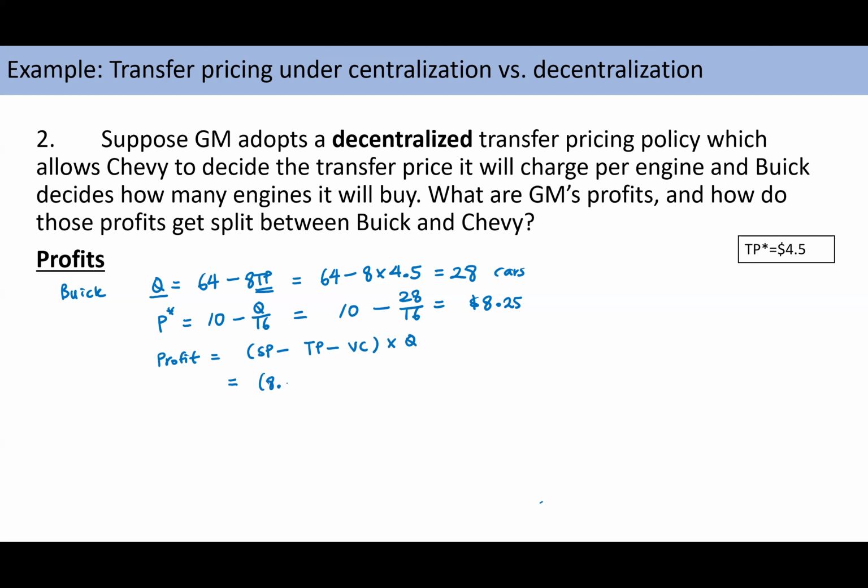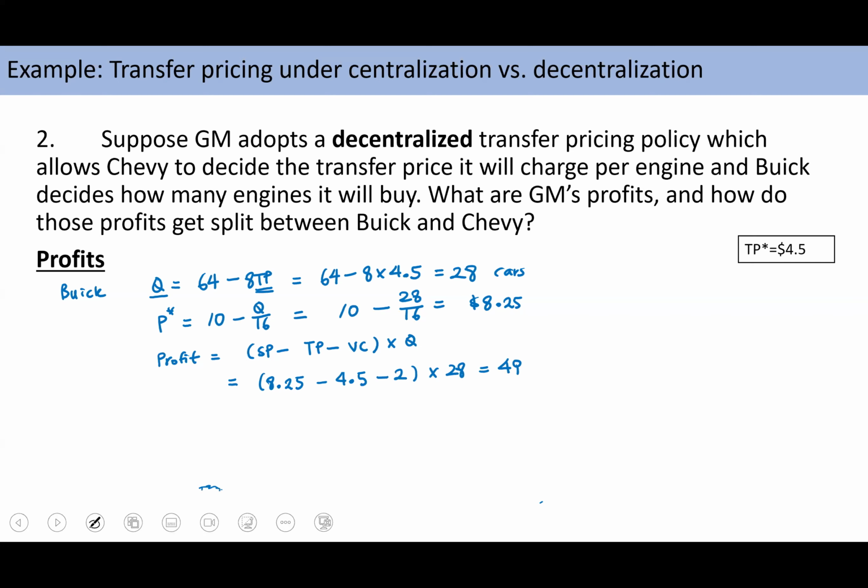We know that they're going to sell their cars at $8.25. The transfer price would be $4.5. The variable cost per unit for Buicks was $2, and we're going to sell 28 cars. We do that, we find that Buick's profit would be $49.